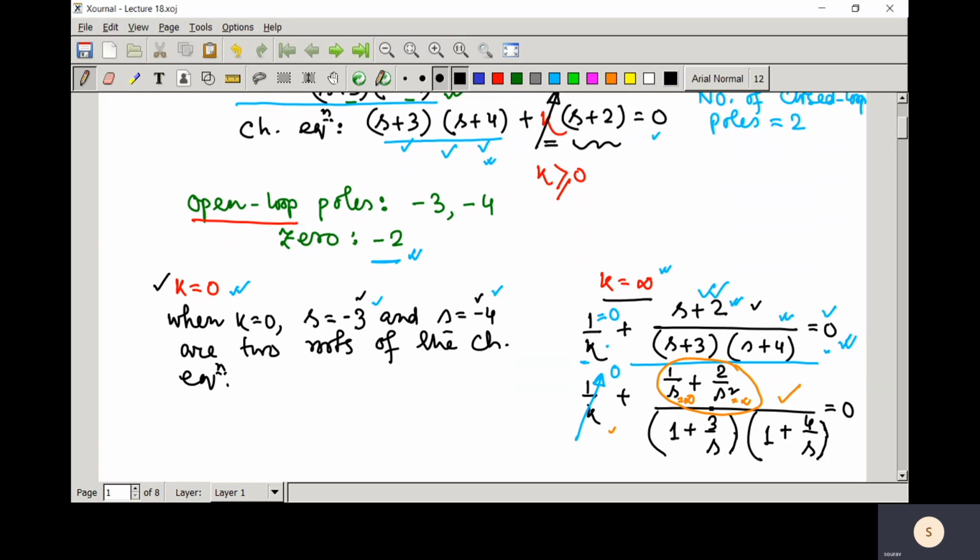So whenever s tends to infinity, this term is coming as 0, and this is equal to 0 and this is equal to 0, so that is 0 by 1. So that means the characteristic equation is satisfied whenever s tends to infinity.